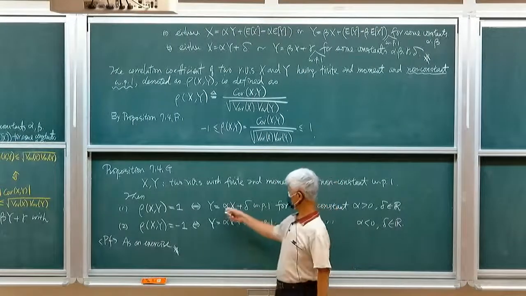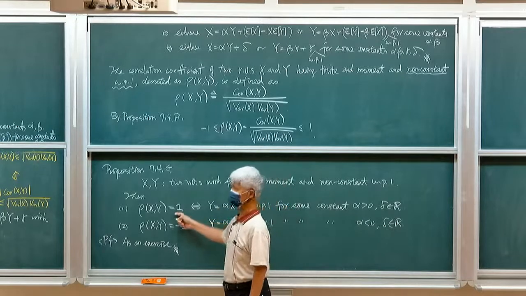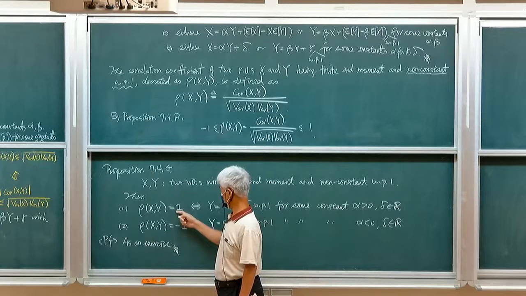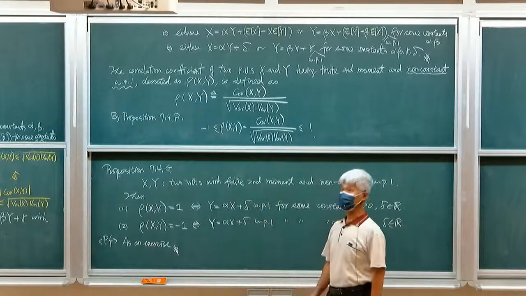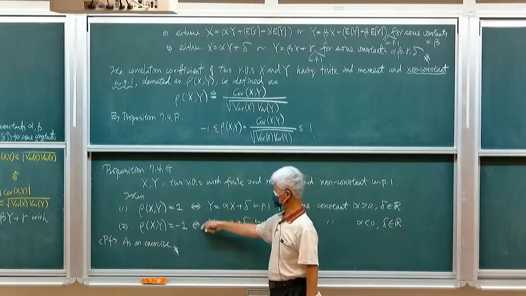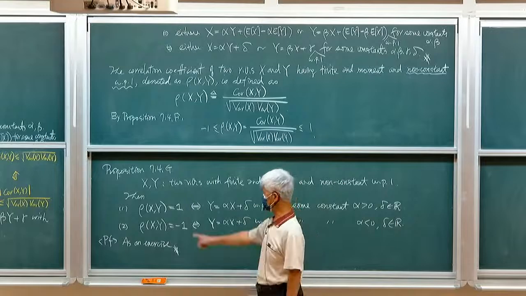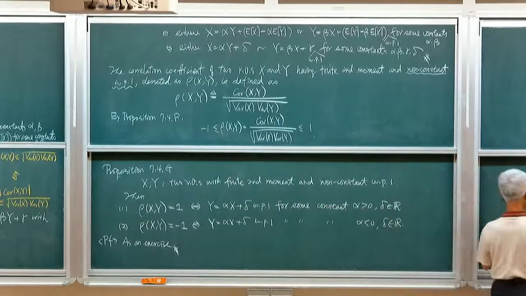But whether the coefficient is positive or negative depends on whether the correlation coefficient is positive 1 or negative 1. You can check that, and this is an if and only if condition. So you have to check by yourself. It's homework.